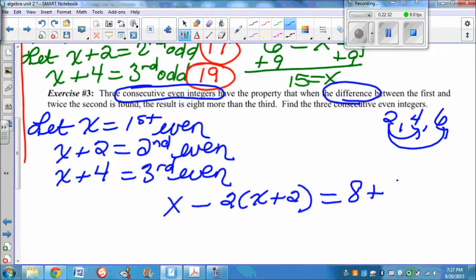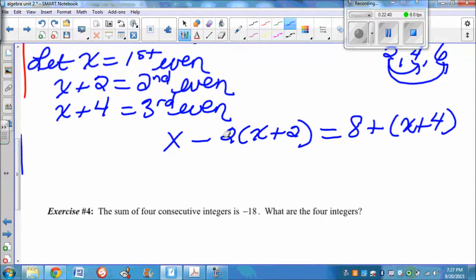The third, I'm going to put parentheses just to indicate that that's the third number, x plus 4. Now we take, and be careful, we've got to distribute a negative 2 there. Make sure you're distributing a negative 2.